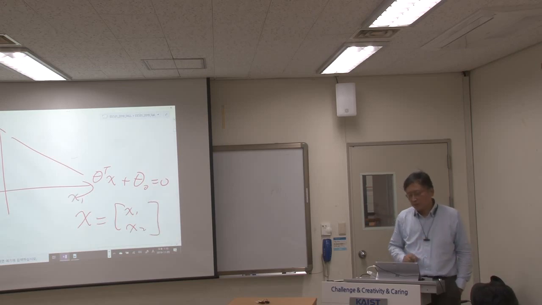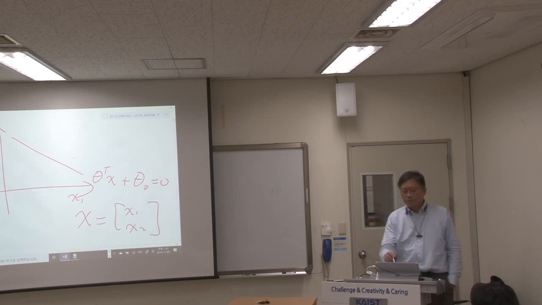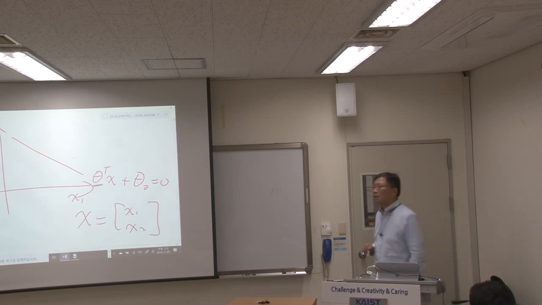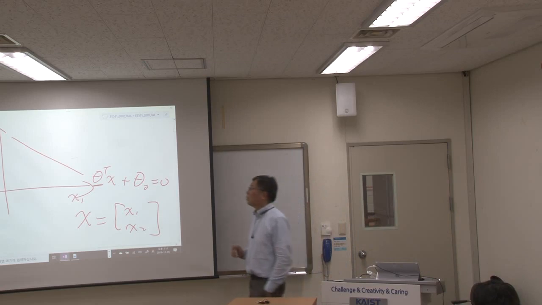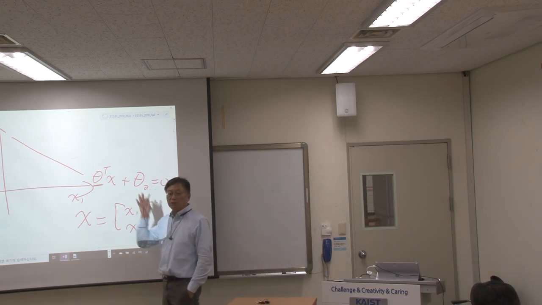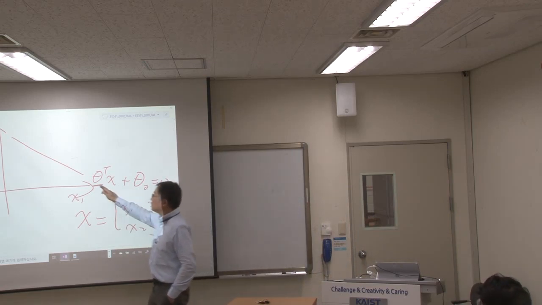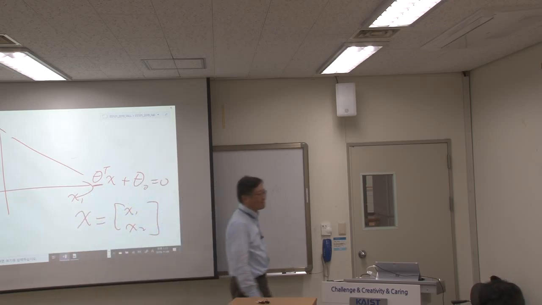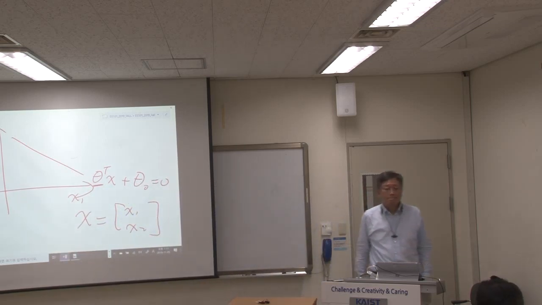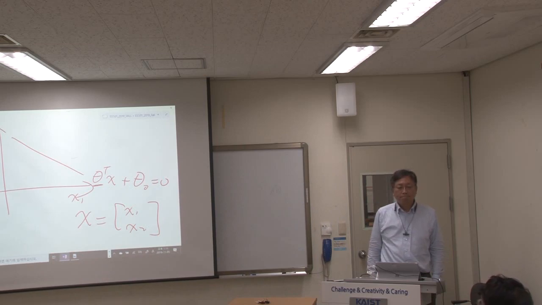This is for example. This vector theta, where is it pointing to in relation to this line? Think of theta naught, the bias, equal to 0.